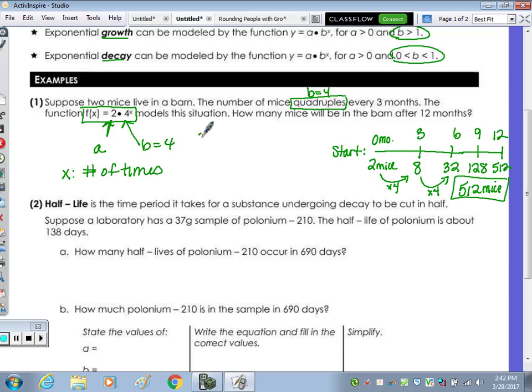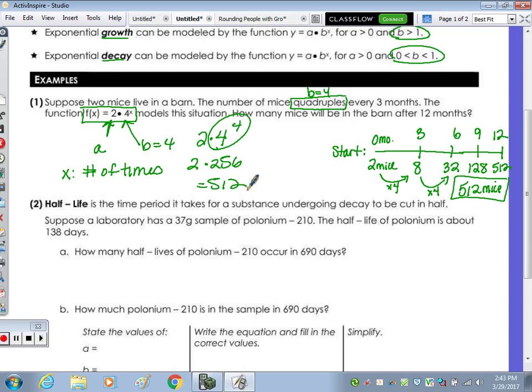So if you actually plugged it in, 2 times 4 to the, how many times did it quadruple over there? 4. So 4 to the 4th power. Well, 4 times 4 is 16, times 4 is 64, but then 64 times 4, 256. Then if you double 256, you get 512.